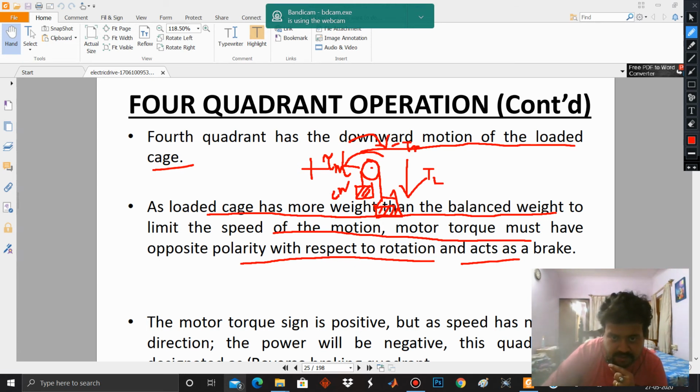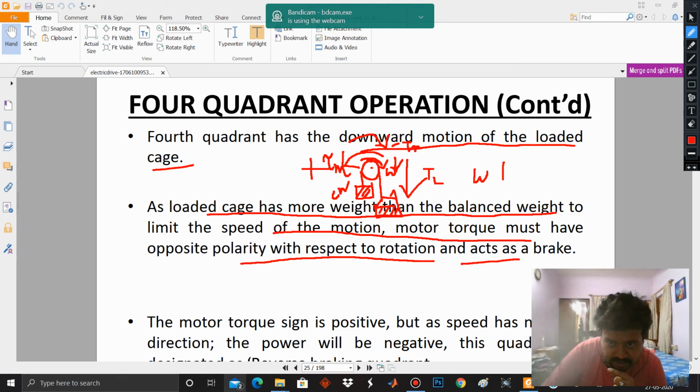But what about the direction of rotation? The direction of rotation is in the same direction as that of the third quadrant. In the third quadrant, the direction was clockwise, and the direction of rotation in the fourth quadrant is also clockwise, but the value of omega is reduced.